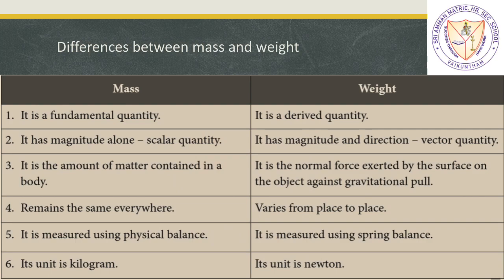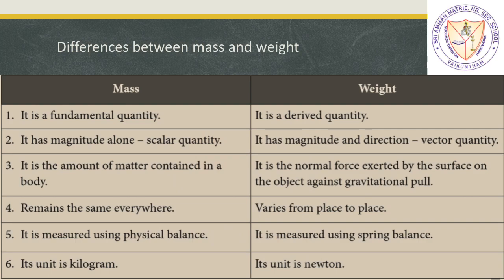So it has got magnitude. Does it have any direction? If I'm seeing a particular object from the left, its mass will be 10 kgs, and if I see it from up, its mass will be 12 kgs.